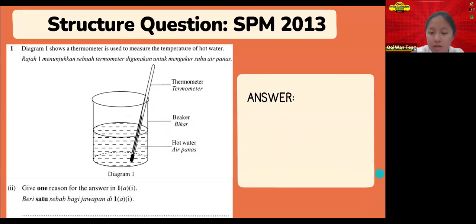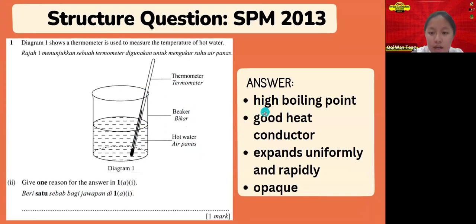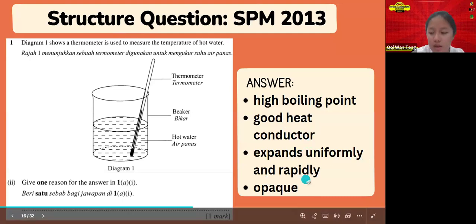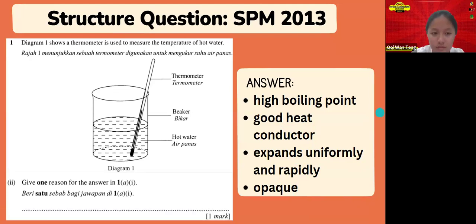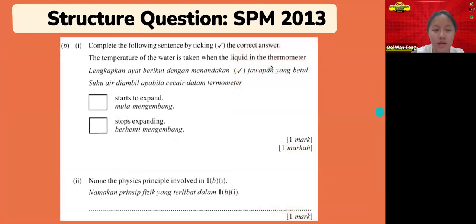So you can say that mercury has a high boiling point, it is a good heat conductor, it expands uniformly and rapidly, and also it is opaque, which means that it can be clearly and easily seen.